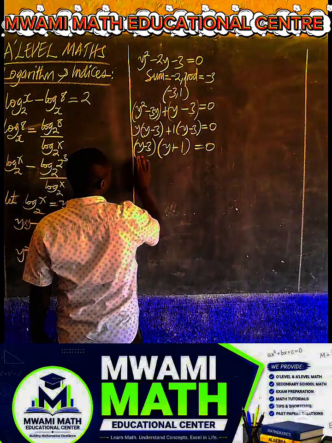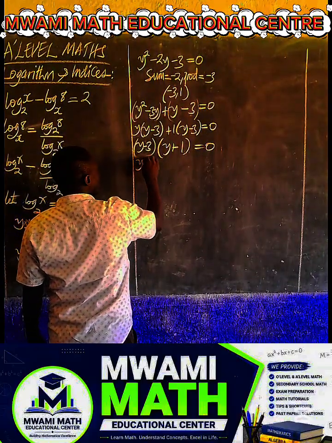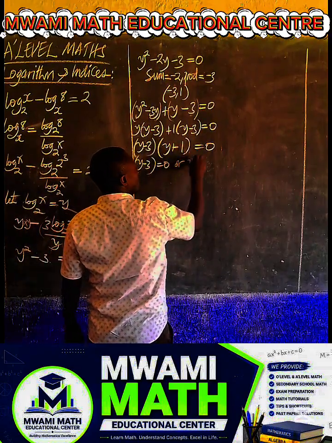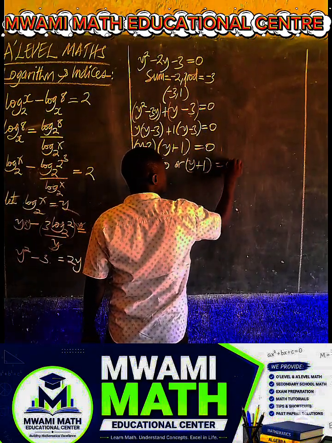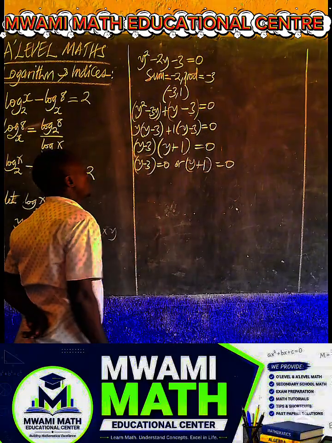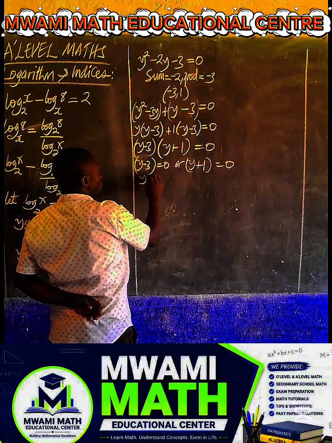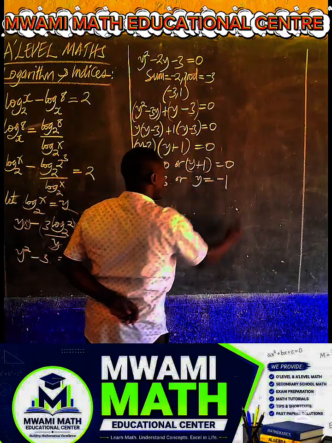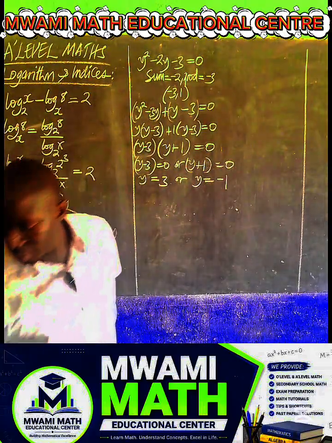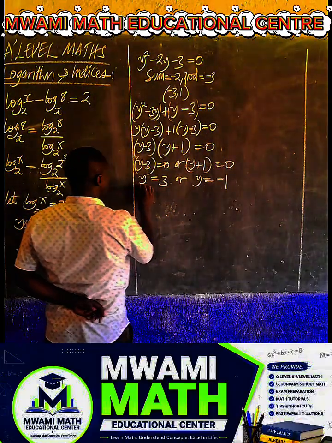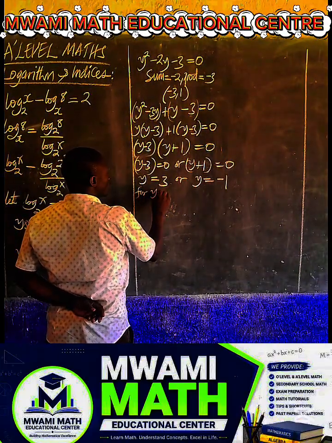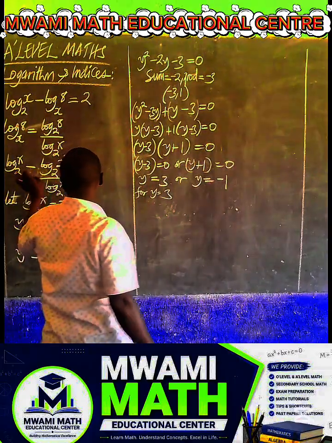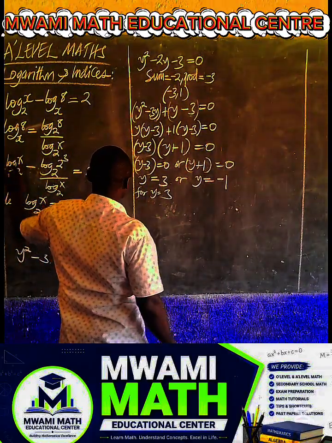From there, we shall now equate. Therefore, y minus 3 is equal to 0, or y plus 1 is equal to 0. So at this point, either y is equal to 3 or y is equal to negative 1. So for y is equal to 3, but remember we let y be equal to log of x base 2.